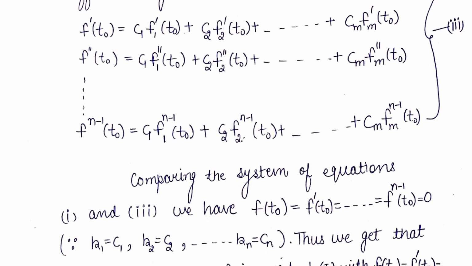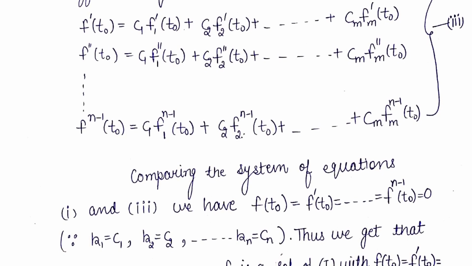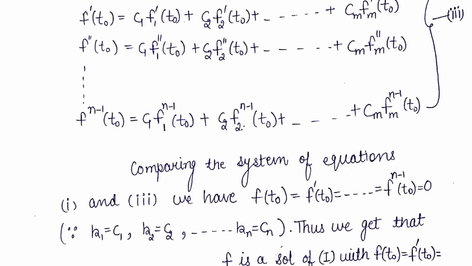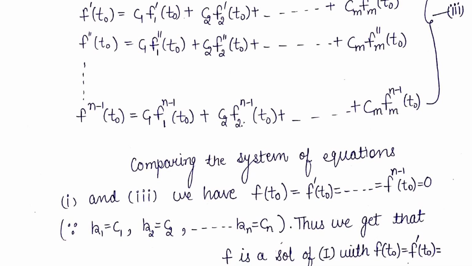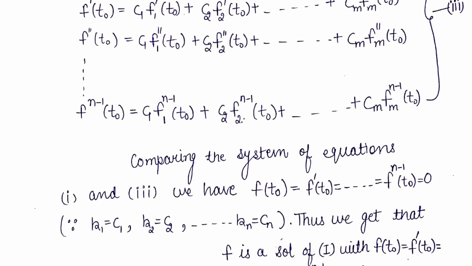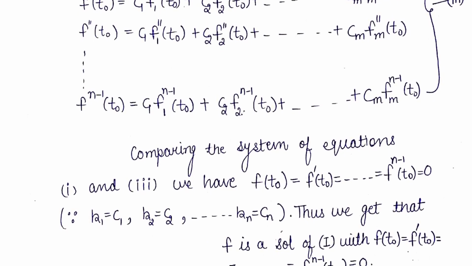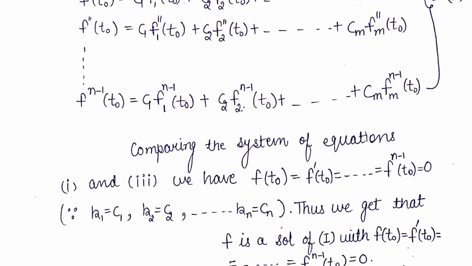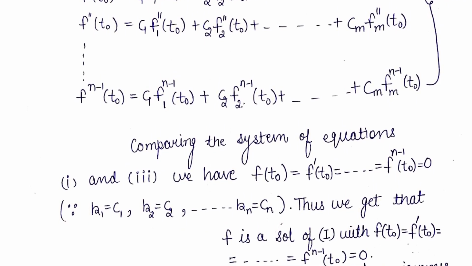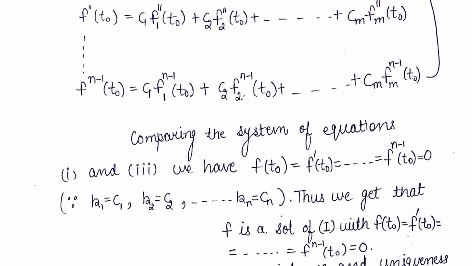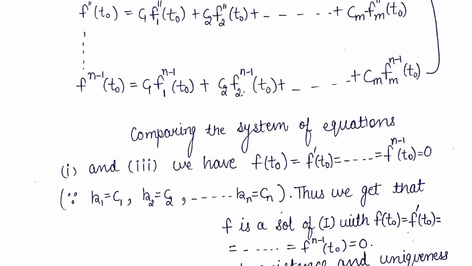Now, if you compare the system of equations 1 and 3, you can see that the left hand side of 1 and the right hand side of 3 are same because K1 is equal to C1, K2 is equal to C2 and Km is equal to Cm.